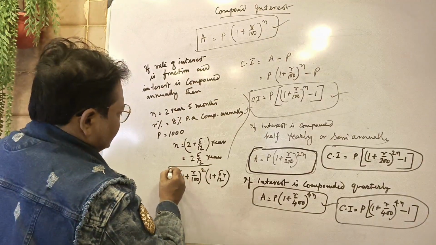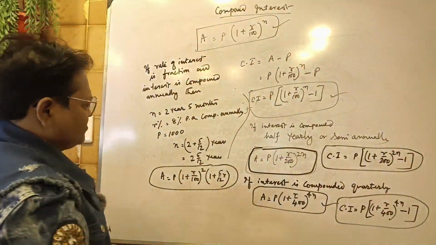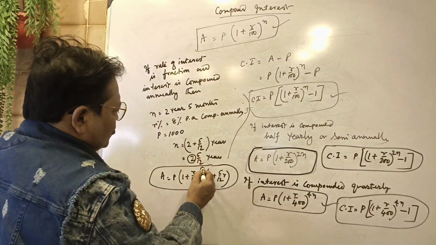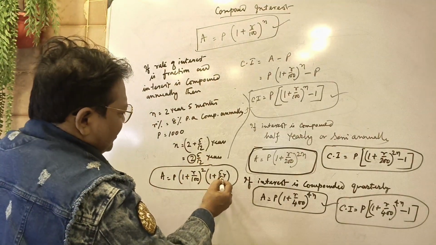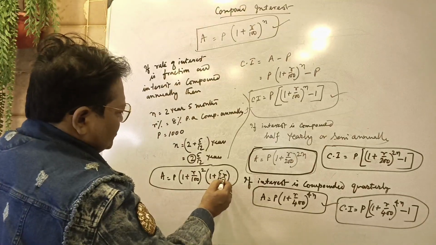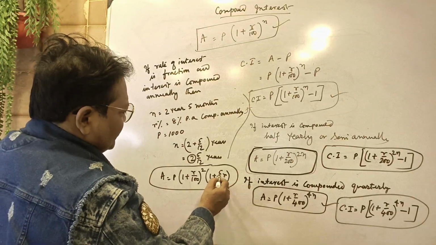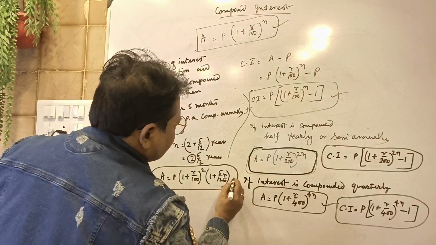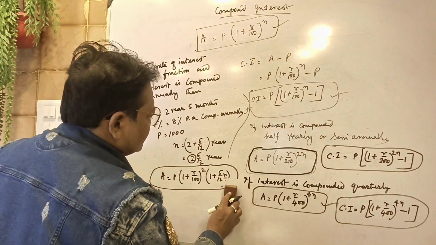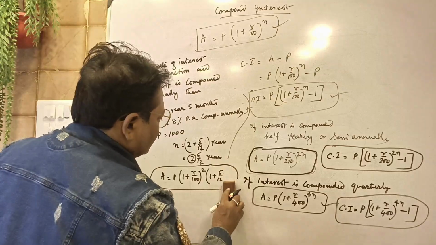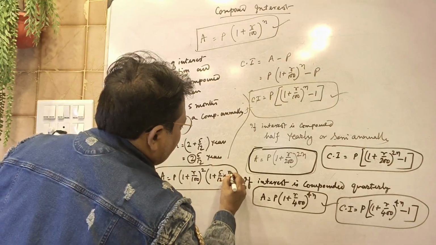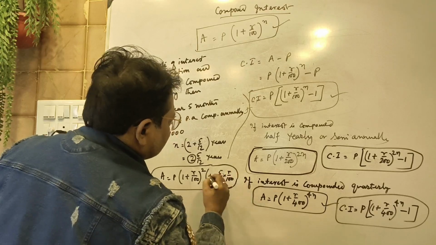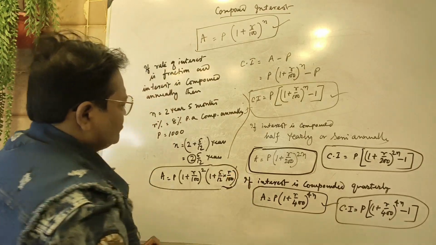This is the formula. This is slightly different from the others. Here the 2 will go to the power, and 5 by 12 will go with the rate of interest: 5 by 12 into R by 100, whole to the power 1.